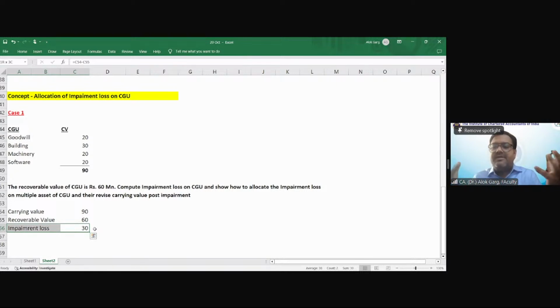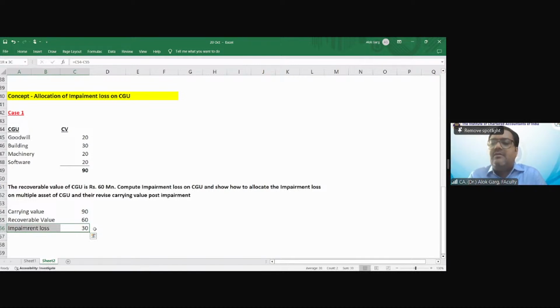Tata Motors Limited is a business. That business has 5 plants. Each plant is a cash generating unit, and each plant has a group of assets. So Tata Motors is a group of CGUs.